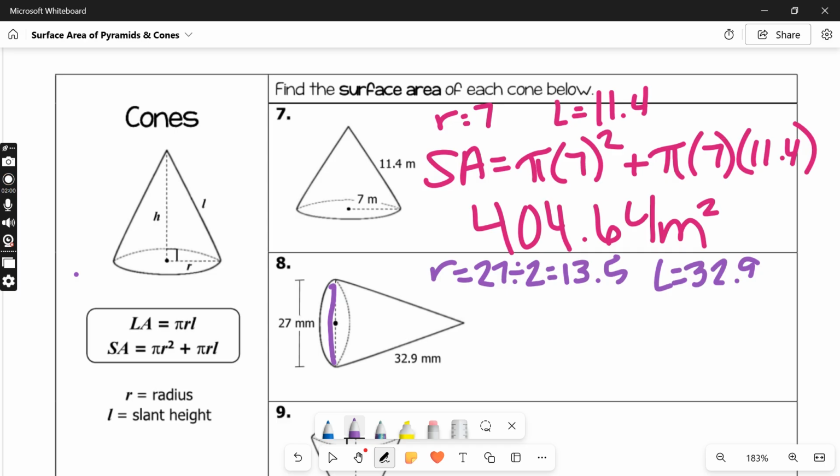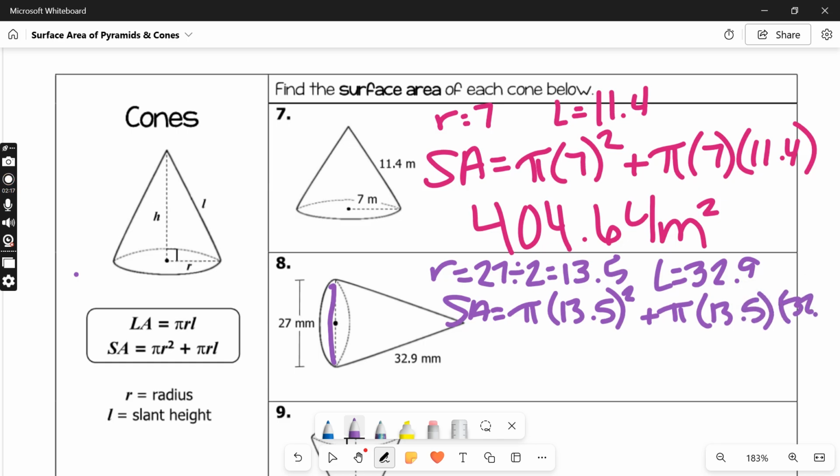Filling in my formula, my surface area is pi times 13.5 squared plus pi times 13.5 times 32.9. When I type that in, I get 1,967.89 millimeters squared.